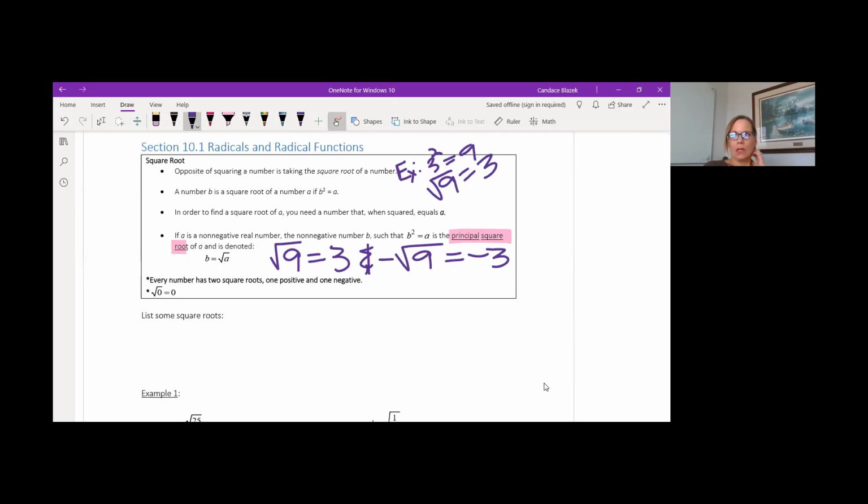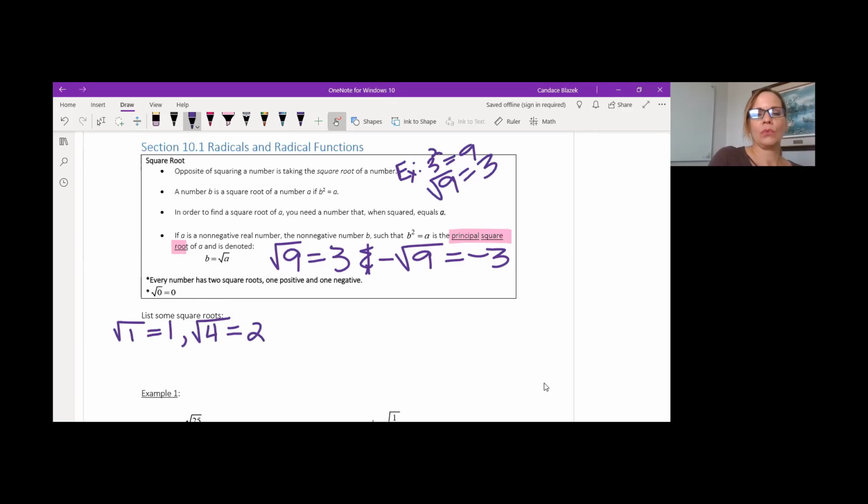Let's look at some nice perfect squares and what their square roots would be. As an example, I know that the square root of 1 is 1. I know that the square root of 4 is 2.